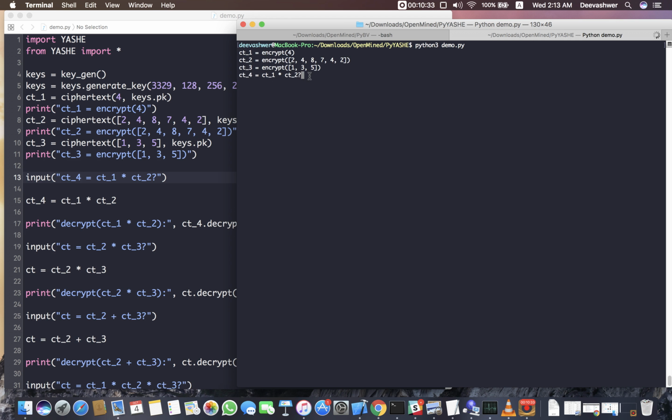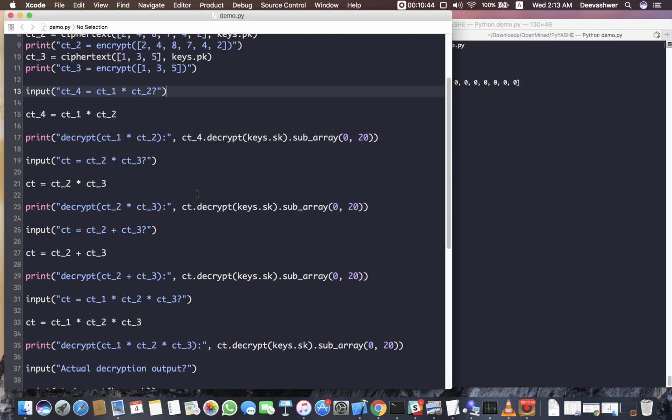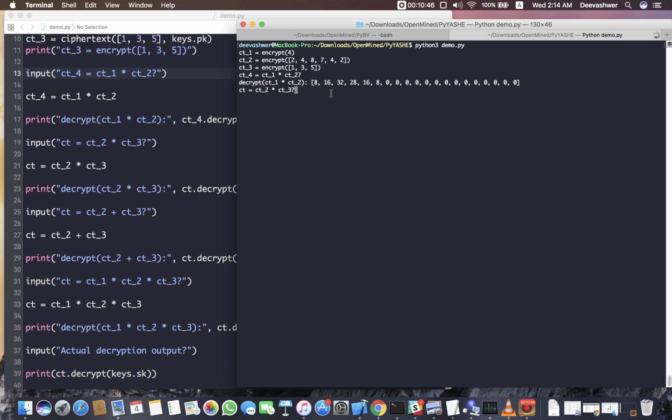So for the first part, we are doing a ciphertext multiplication. This will be a bit slower because I've set the parameters too high. Now CD2 times CD3, just as we expected.